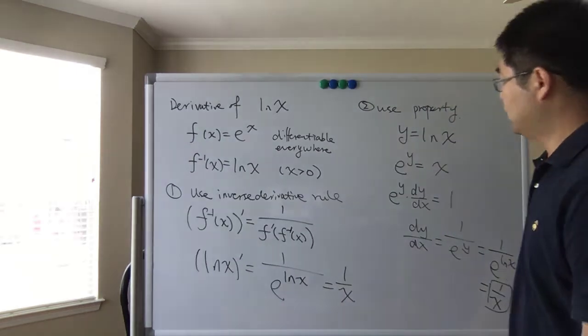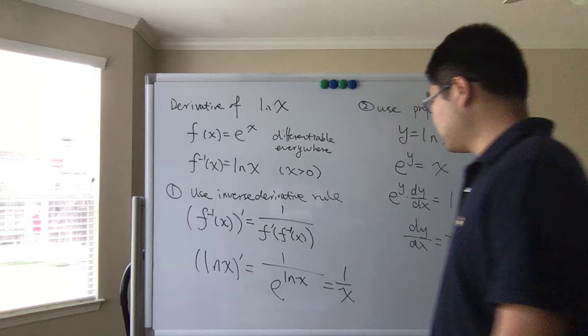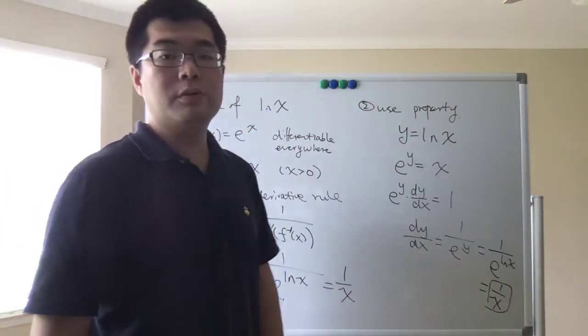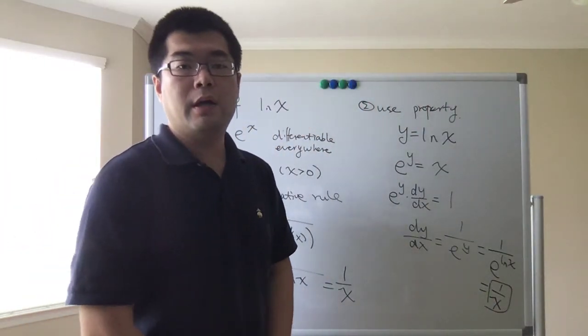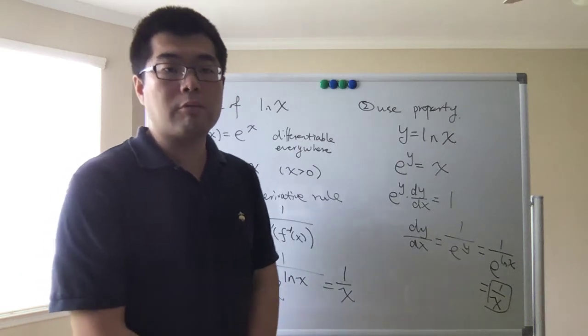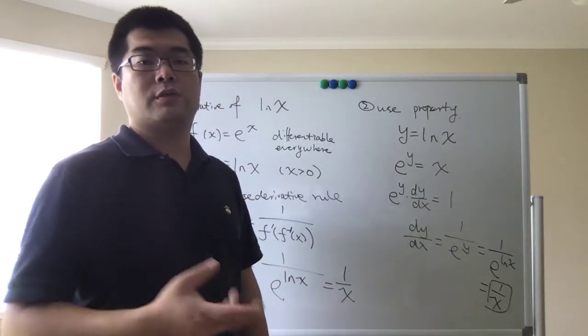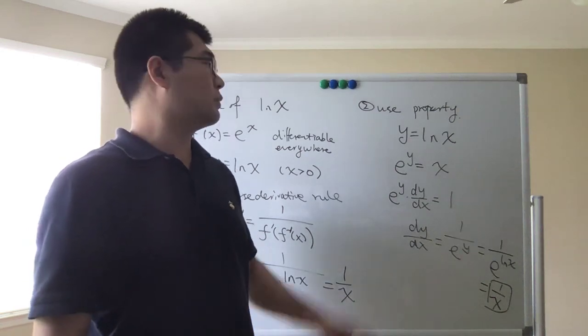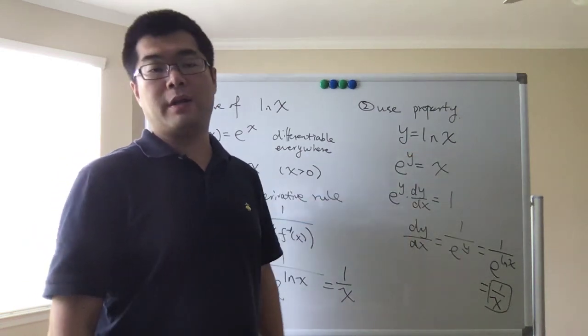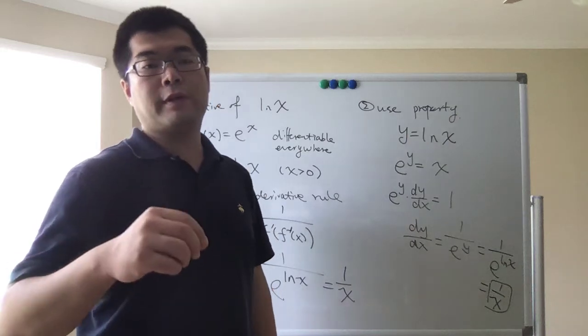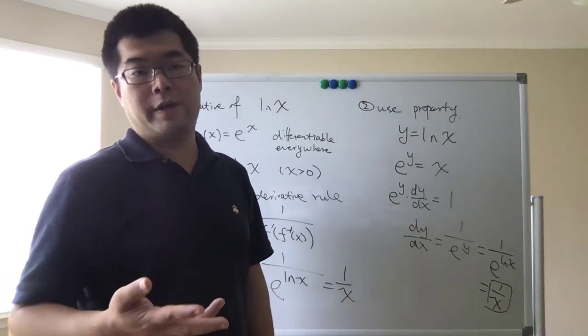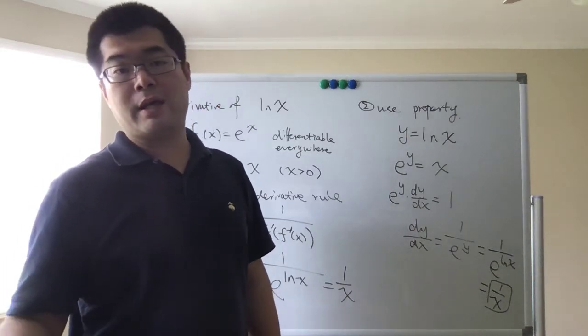The other way to talk about this is to use the properties of a logarithm, which can be rewritten into an exponential. So, suppose y equals ln of x. We want to figure out what is the derivative of ln of x. That is dy dx, right?